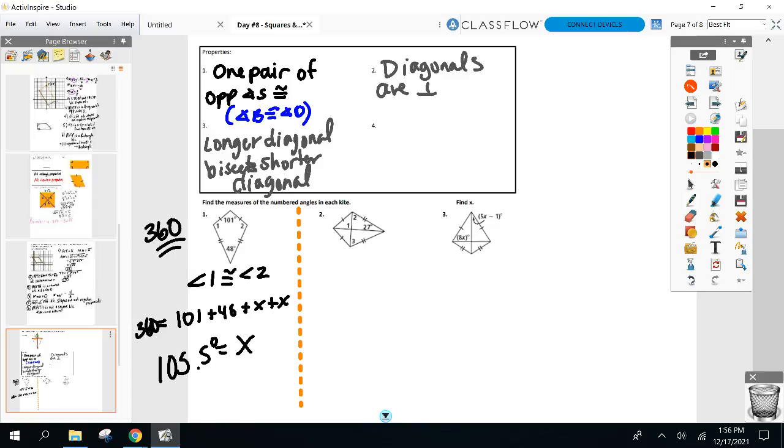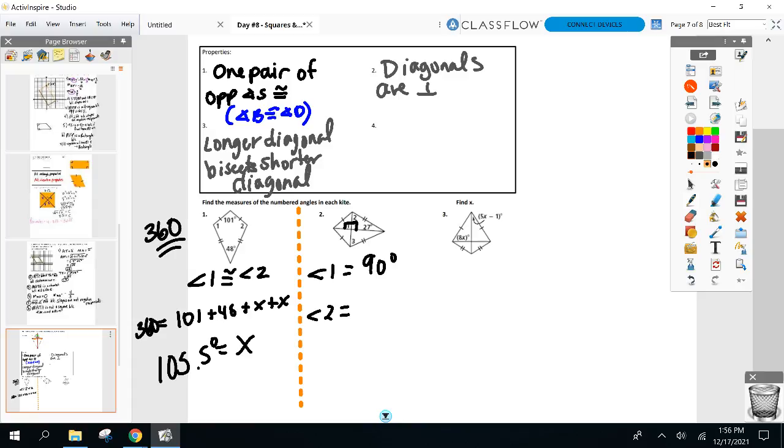Let's get to 2 here. I think we'll be able to finish 2. If we know our properties above, angle 1, pretty quick, should be. Diagonals are perpendicular, so that should be a 90-degree angle. All right, how can I get to angle 2 now? Again, I don't necessarily have to use a kite property. That's 90. Isn't the angle next to angle 1 adjacent to it 90?